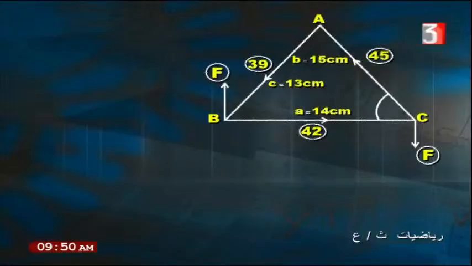If we divide 39 by 13, the value of AB, the ratio equals 3. Also 42 divided by 14 equals 3. 45 divided by 15 equals 3. This is constant.